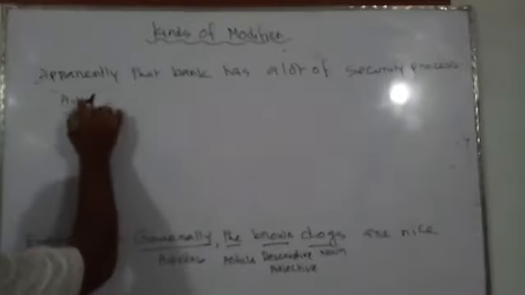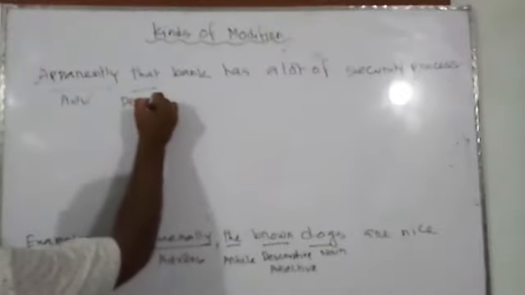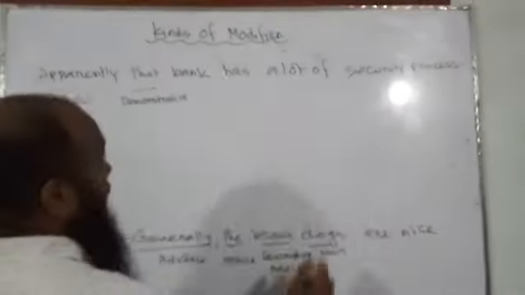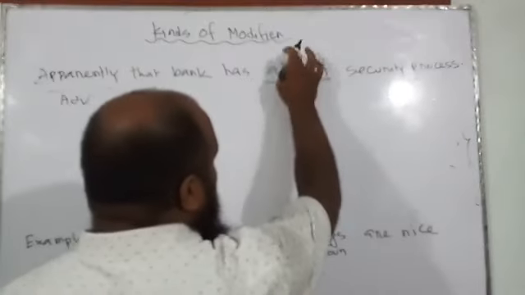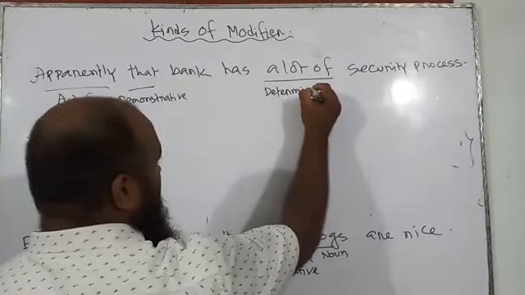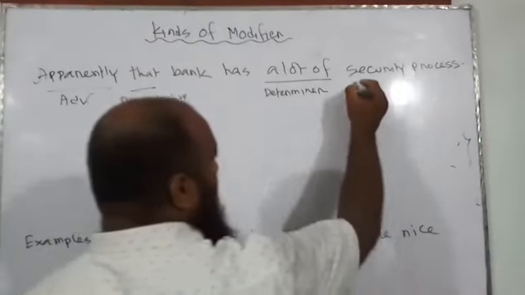Now you see, apparently it is also, of course, the sentence adverb or adverb we can say. It is adverb. That demonstrative, of course demonstrative adjective, that bank has a lot of, it is a quantifier, that means determiner. Security, it is.